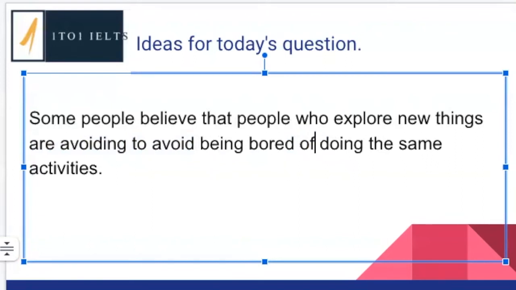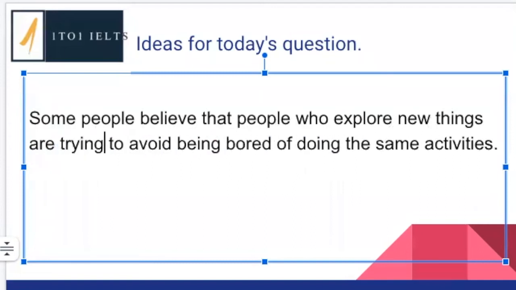We could use preposition of here, and this will work. So some people believe that people who explore new things are avoiding being bored of doing the same activities. Okay, so this one will work a bit better. So again, this is a case of not taking risks with vocabulary. So once we fix this vocabulary, is it clear that we're talking about a discussion essay here?